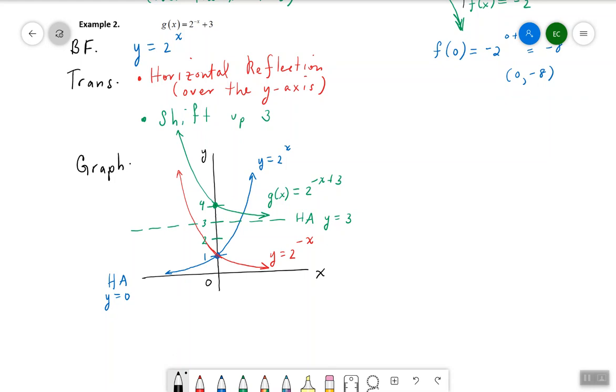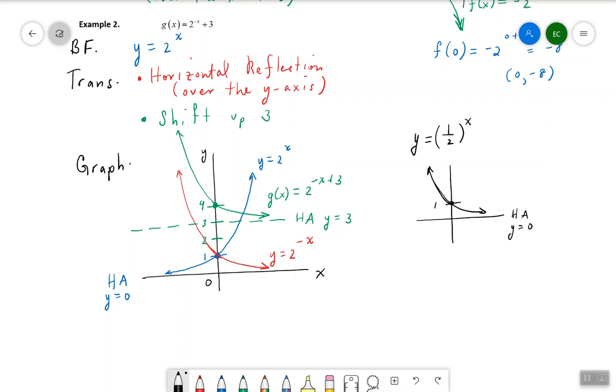And so that was one of our basic functions in the previous video. Let's just sketch that graph real quick. It'll be the same sketch as the red graph. So they look very similar. And the question is, why is that?